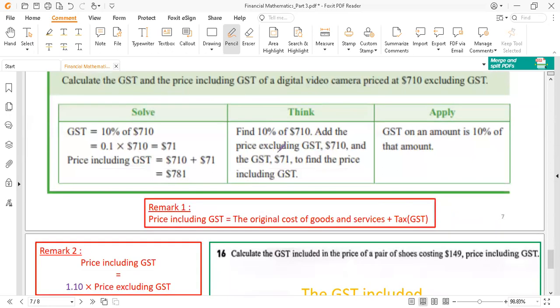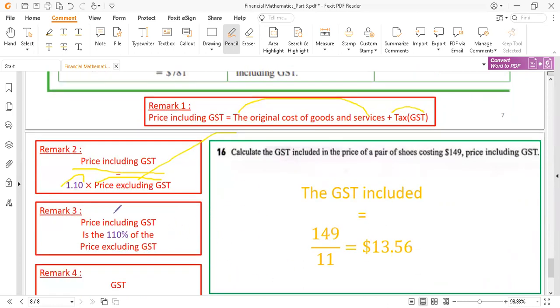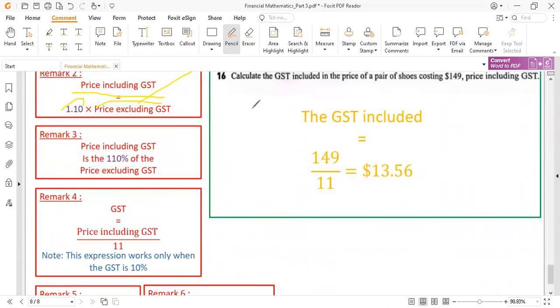So normally the price including GST is the original cost of goods plus the GST tax. The tax is 10% of the original cost. We can also calculate the price in a different way, by 1.10 times the price excluding GST, which is the original cost of goods. And so it is very easy.